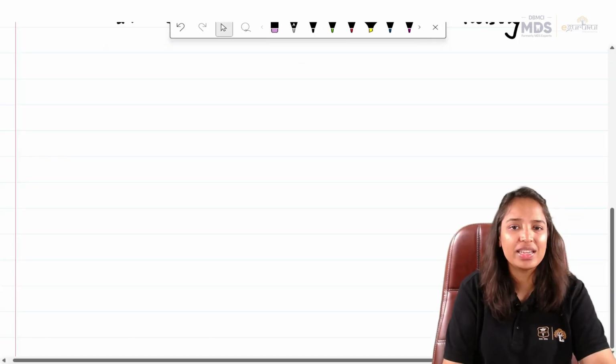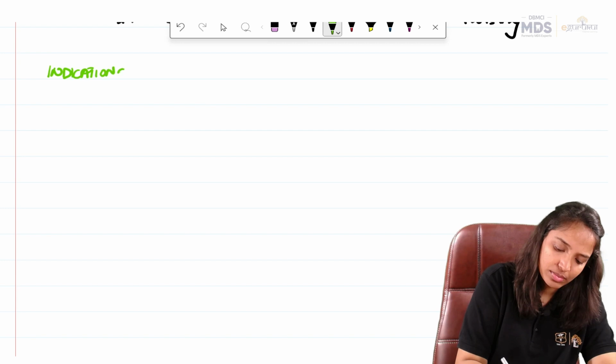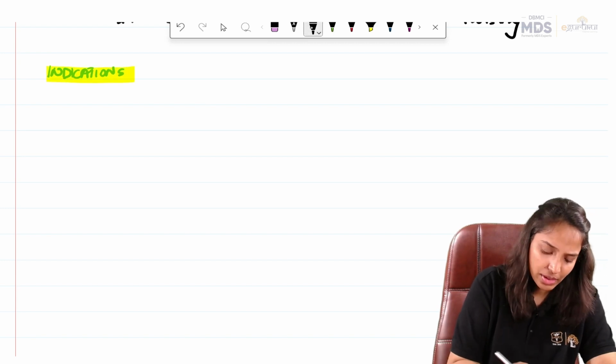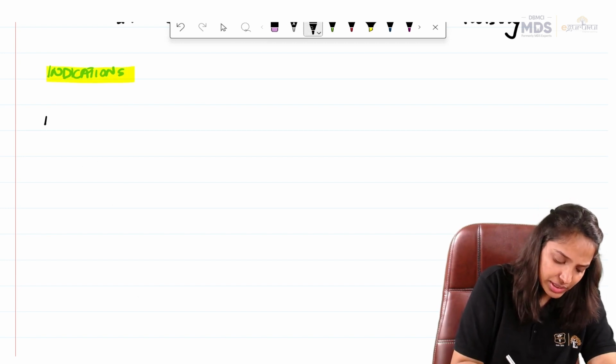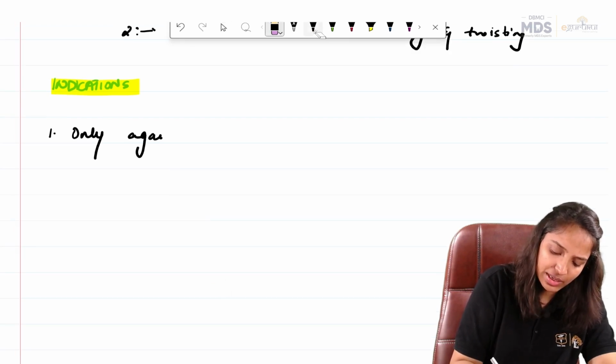Now come to indications of single palatal strap. The first indication is only again when 1 to 2 teeth are missing.